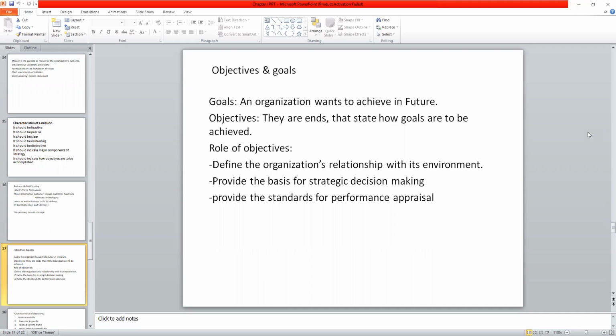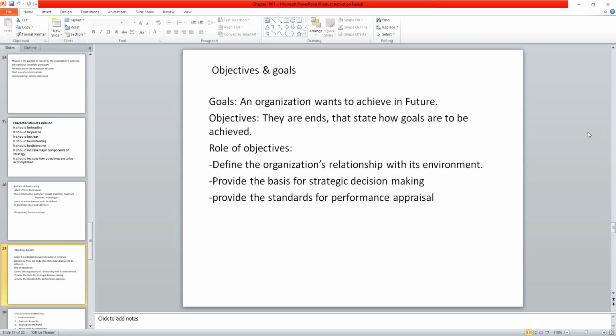This is the interconnectedness of these terms. Goals are more concrete than mission statements, and objectives are more concrete and specific in contrast to generalized goal statements. Objectives lead the path to goals operational.